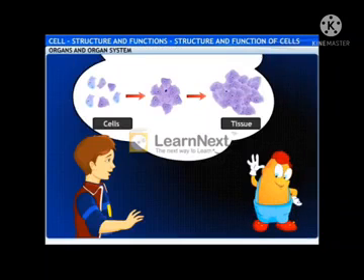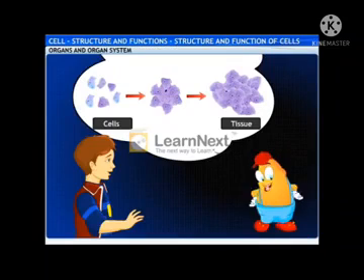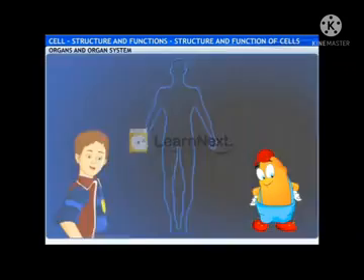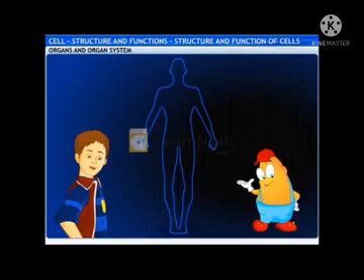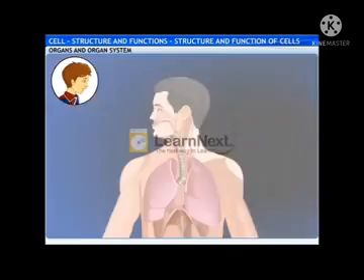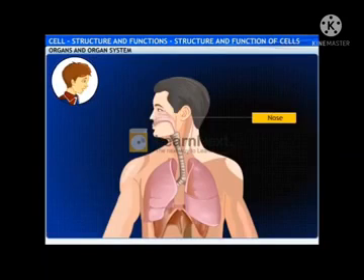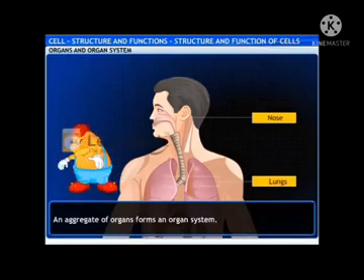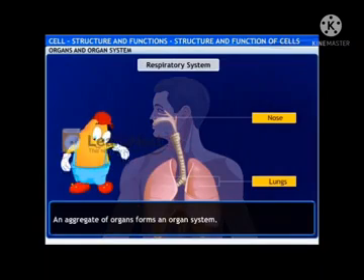As you may know, cells form tissues and tissues form organs. Now tell me about a few organs in the human body. Let me see. Nose, eyes, and lungs? Right. Now, nose and lungs form a part of an organ system, the respiratory system.